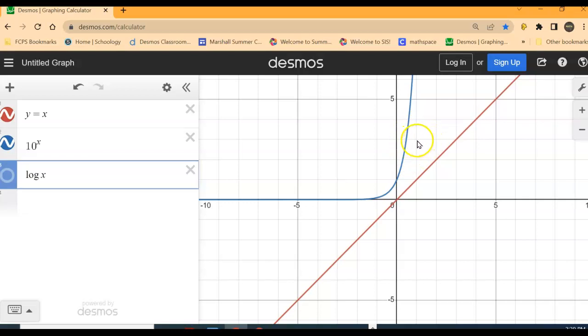This one's base 10, so it goes way up high. And then it comes down and never touches, even though it looks like it's on that x-axis, it never touches that x-axis. So we don't have a whole bunch of points to select from.